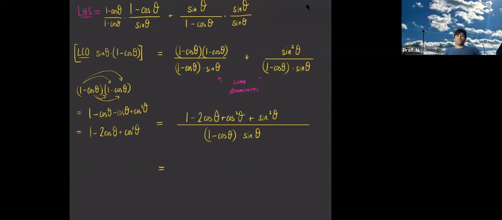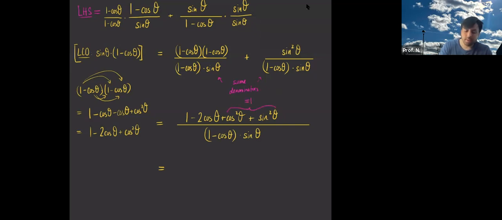But what do you notice, or what should you notice about the expression in the numerator? There is something there that's called an identity that you all should know, that you should all remember. Cosine squared plus sine squared, thank you, Chen, that's right. It equals 1. It always will equal 1, always and forever.